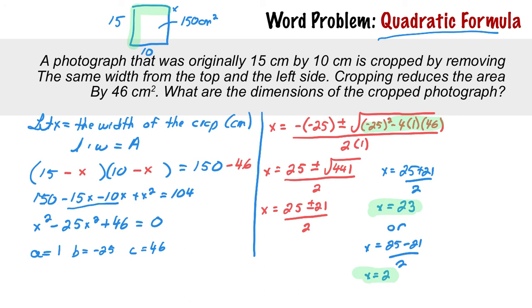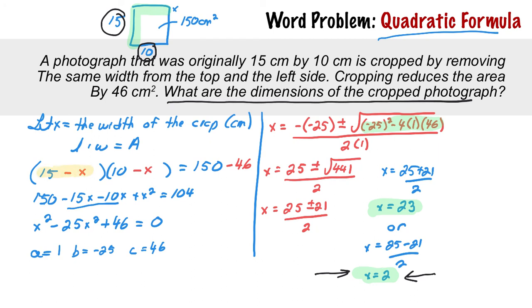Well, it actually can't be 23 because our measurements are 15 by 10. If you take 23 away as the crop, you have a negative picture or something that isn't there. So our answer, the only one that makes sense in reality, is 2. So the question is, what are the dimensions of the cropped photograph? And the answer lies within the brackets.